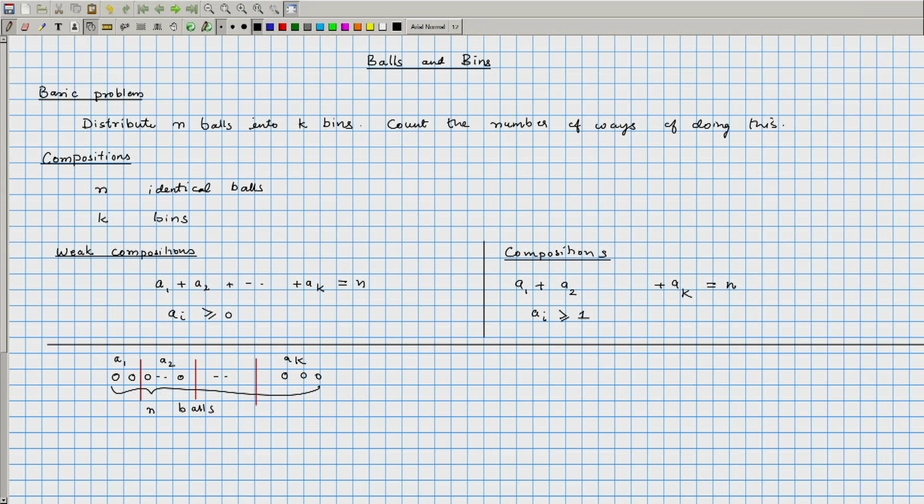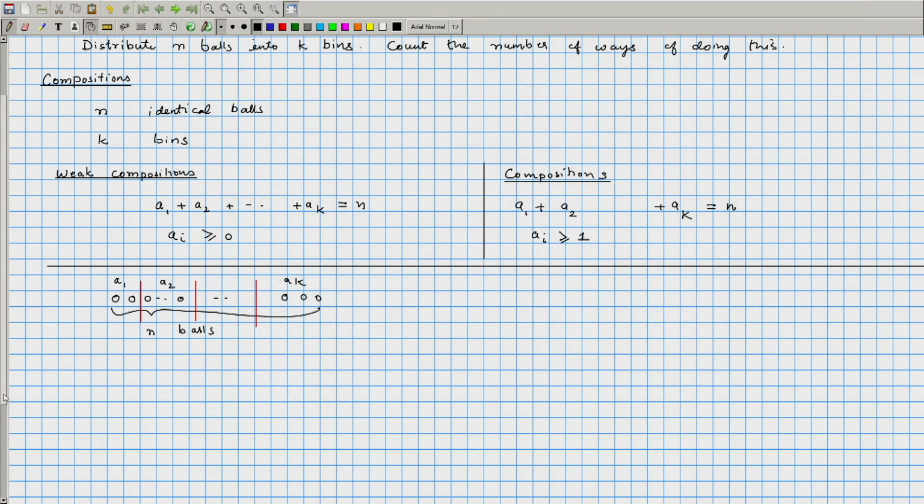As an example, if we say that there are 10 balls, and if we wanted to split it into 3 blocks, all that we have to do is place 2 partitioning walls, and this gives one particular split. So, basically we want to count the number of ways of placing partitioning walls when you have an arrangement of balls along a straight line.